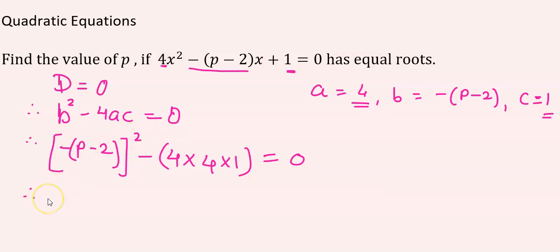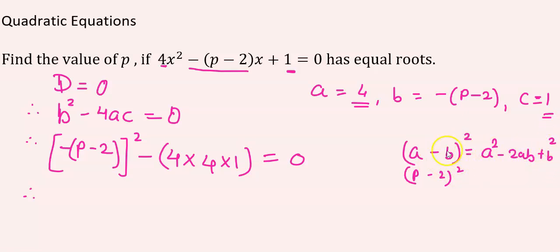So we can just consider (p − 2)², which is in the form (a − b)², which is a² − 2ab + b². We substitute that formula here and we get p² − 2ab, that means 2 times p times 2, so 2 2s are 4p, plus b², which is (−2)², which is 4, minus 4 4s are 16, 1s are 16, equals 0.